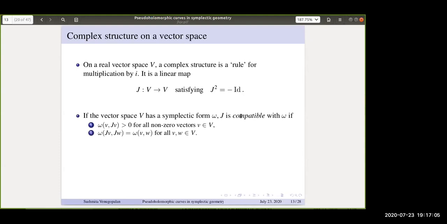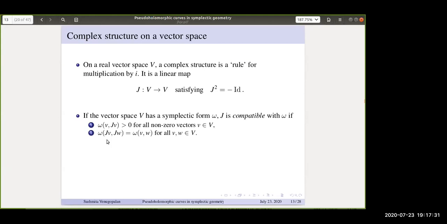Further, we want the complex structure J to be compatible with the symplectic form which the vector space has. Compatibility means the following two conditions. First, if omega acts on v comma Jv, the answer is positive for any non-zero vector.